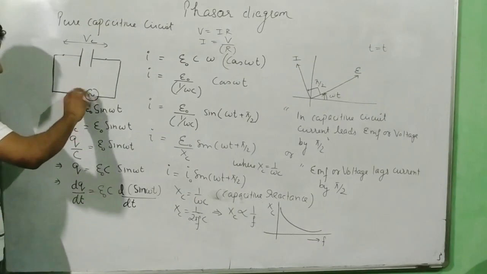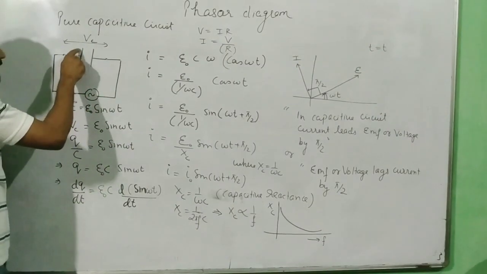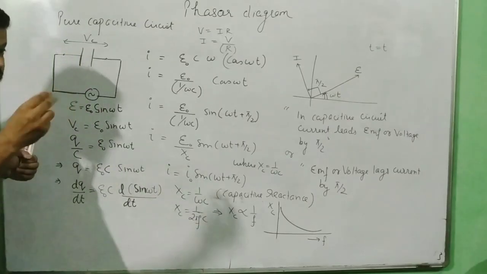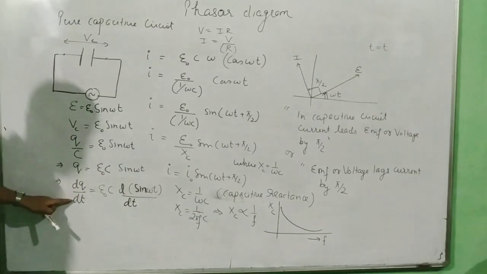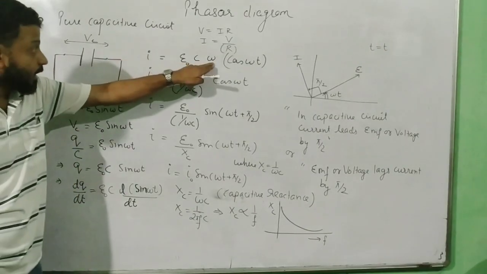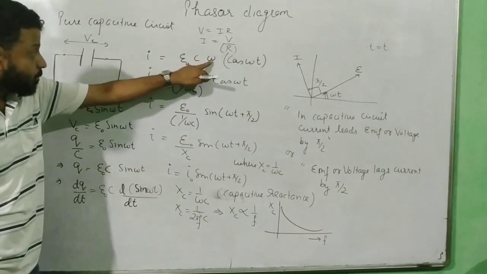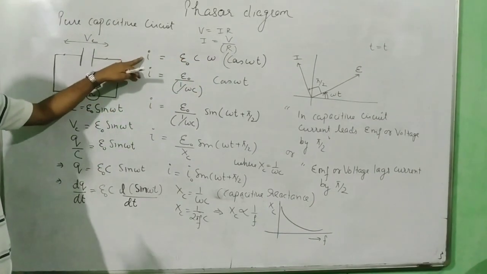That means if my frequency is changing very fast, then the rate at which the charge develops will also be very fast. If you can see here, dq by dt is current, and the omega comes over here. So as the omega increases due to the frequency, my current is also increasing.